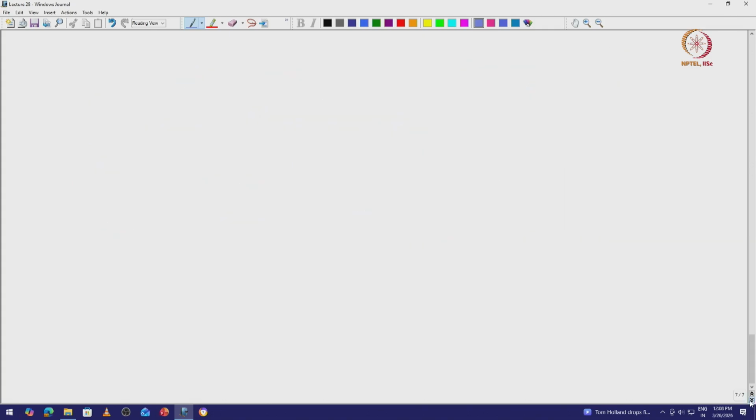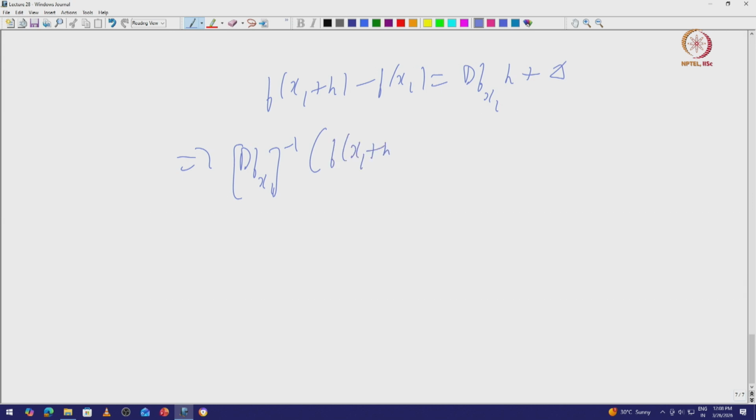Okay. So once again, let me write this down. So if you multiply by the inverse of this matrix, by the way, I didn't put vector symbols. If you wish, if that makes your intuition sharper, you can do it, but I'm not doing this. Okay, it's understood. Times delta.